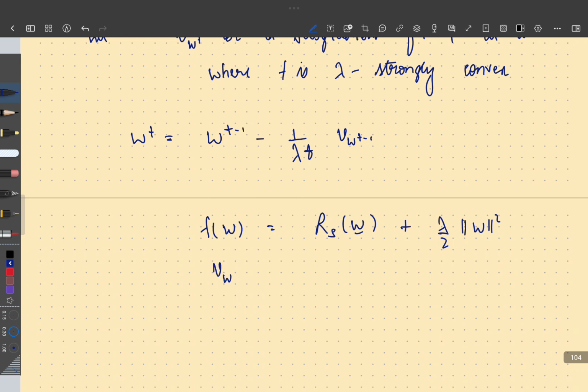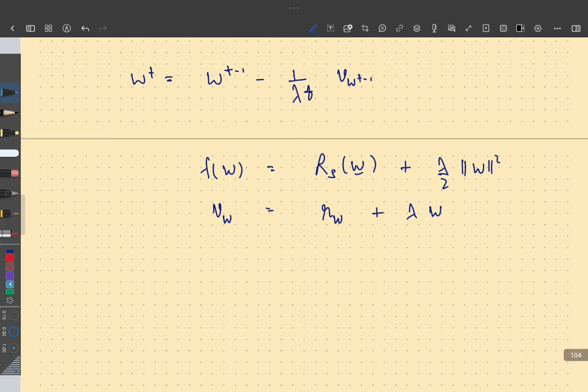So v of w is equal to the subgradient of R_S evaluated at w, let me call that r of w, plus lambda times w, where this r is the subgradient of R_S at the point w. It's any subgradient of R_S at the point w.